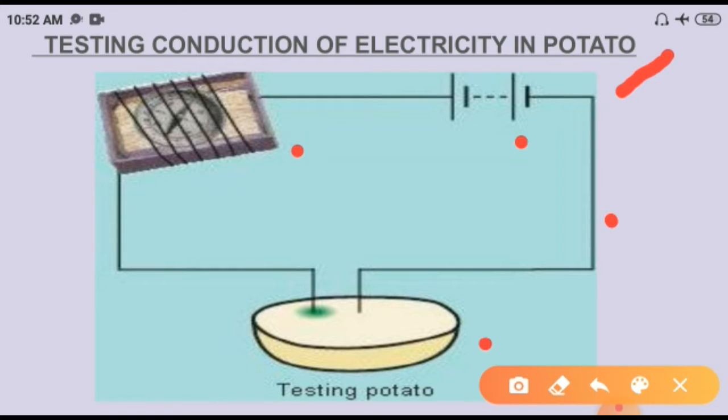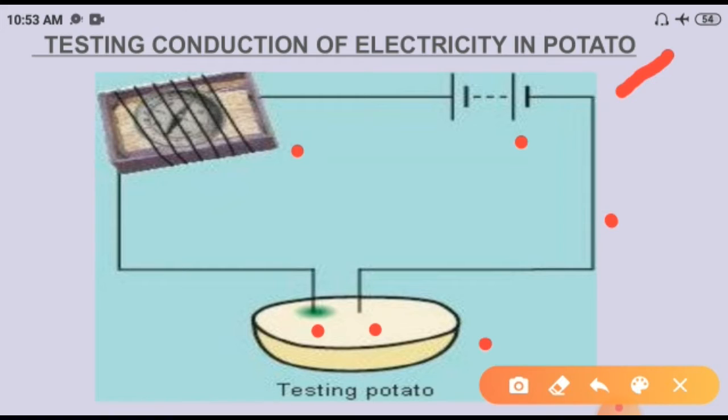For example, he cut a potato into two halves and inserted the two copper wires of a tester into it. Just then his mother called him and he forgot to take out the wires of the tester inserted into the potato.